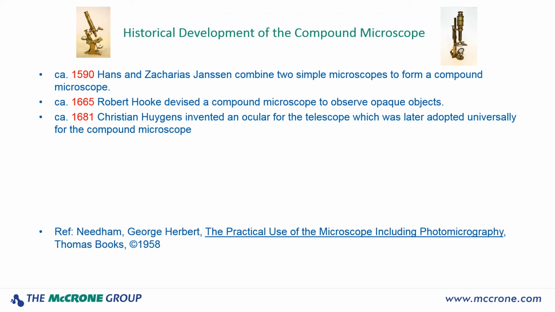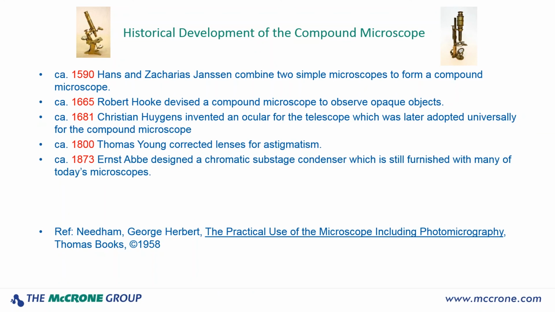You'll recognize the name of Robert Hooke because our Hooke College of Applied Sciences is named after him in his honor. Circa 1681, Christian Huygens invented an ocular for the telescope, which was later adopted universally for the compound microscopes. Then around circa 1800, Thomas Young corrected lenses for astigmatism.